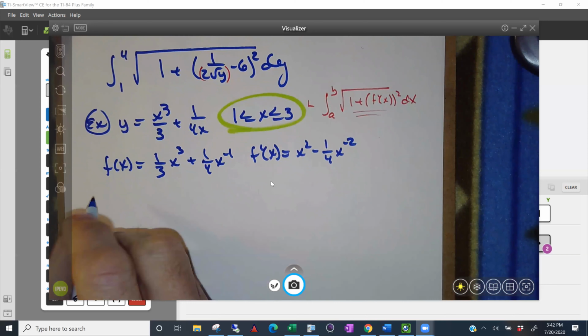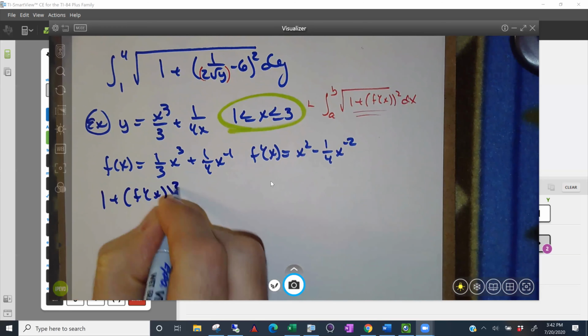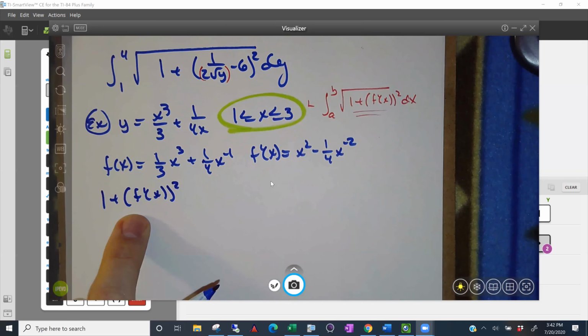So 1 plus f prime of x squared. I'm just going to simplify the part that's going to go underneath the radical, because there's something pretty cool and contrived that works out here.